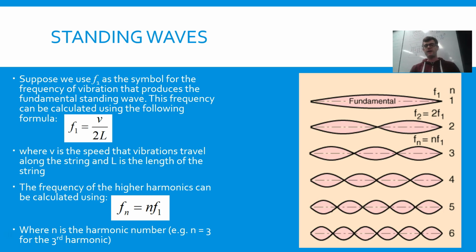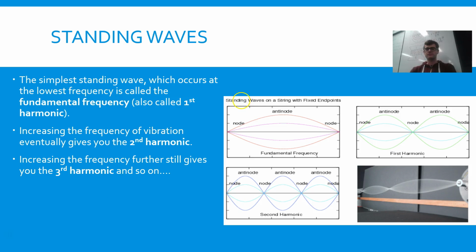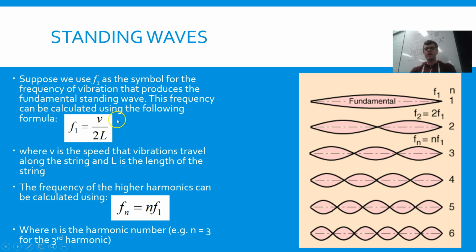So the mathematics around that works like this. Suppose we use the symbol F1 to represent the simplest standing wave, that fundamental one we had before. This guy here, the fundamental frequency, the simplest standing wave. If we call that F1, then we can calculate the frequency of vibration that gives you that standing wave by doing this: V, which is the speed at which waves travel along that particular rope or string, that will be given to you in the question if you get that in the test, divided by 2L, where L is the length of the rope.